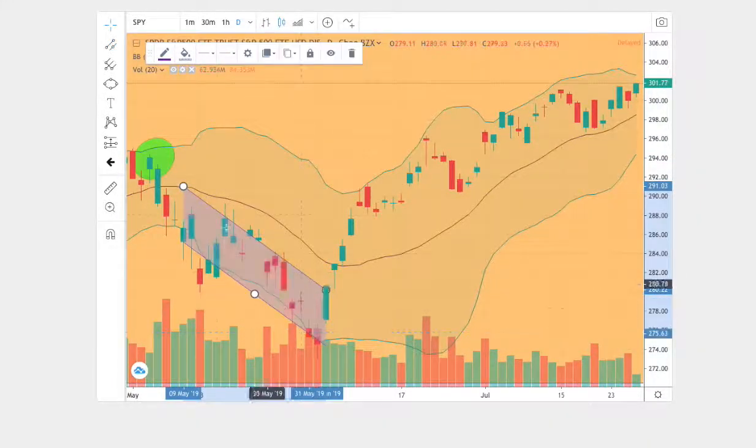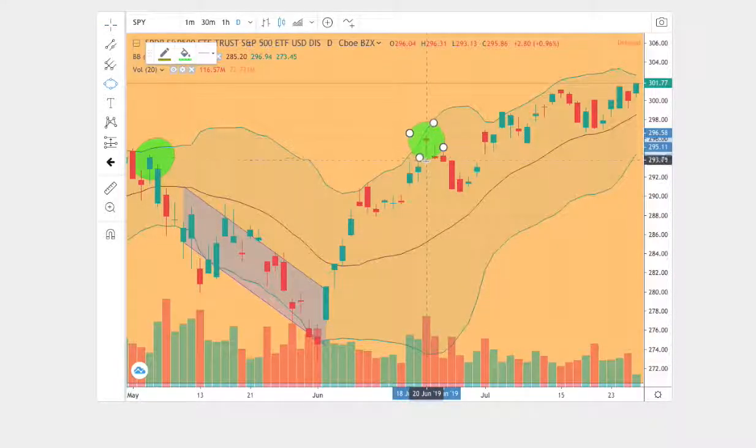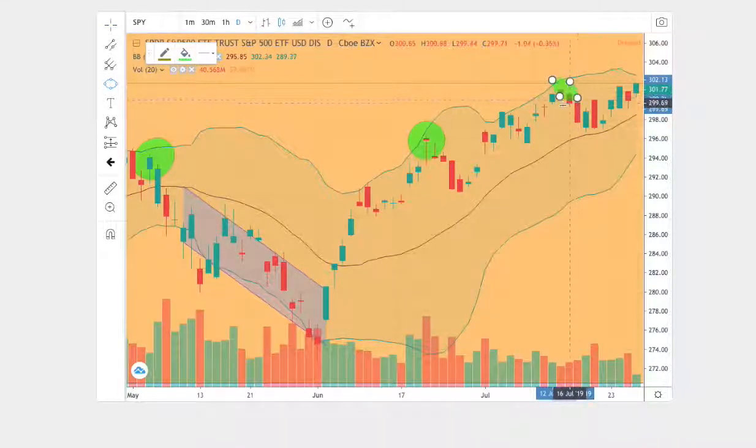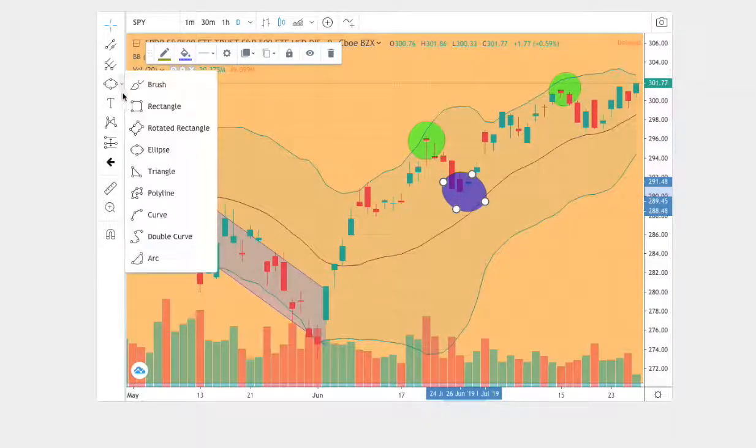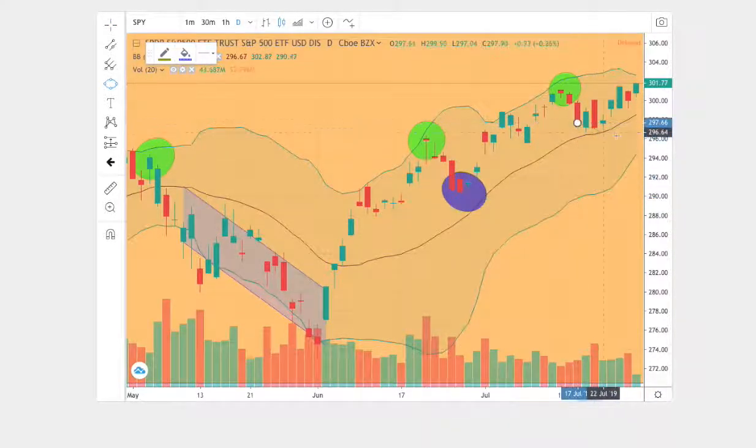And then once more, we touch the upper Bollinger Band right here and another right here as well. In between those, the price somewhat reverted to the mean, not touching the middle Bollinger Band, but the price action explains for itself.